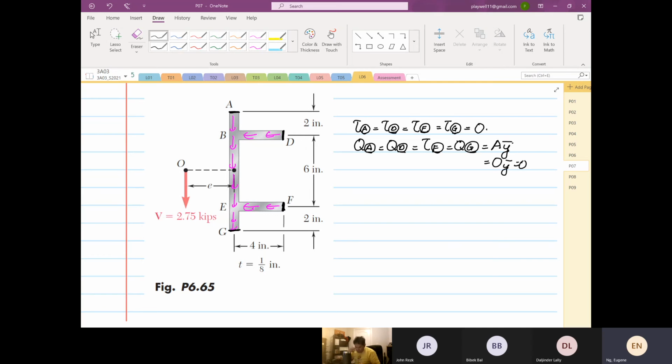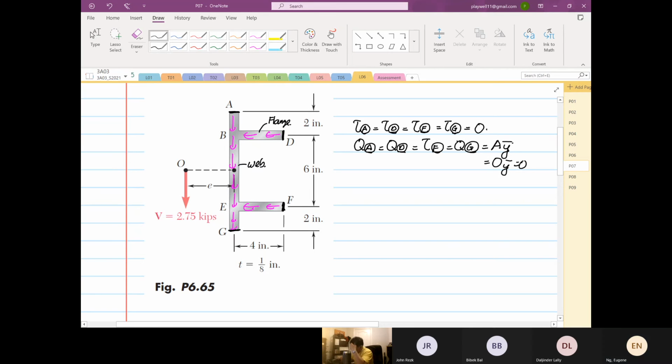Now we are going to look at point B. We usually call this the flange, and this is our web.